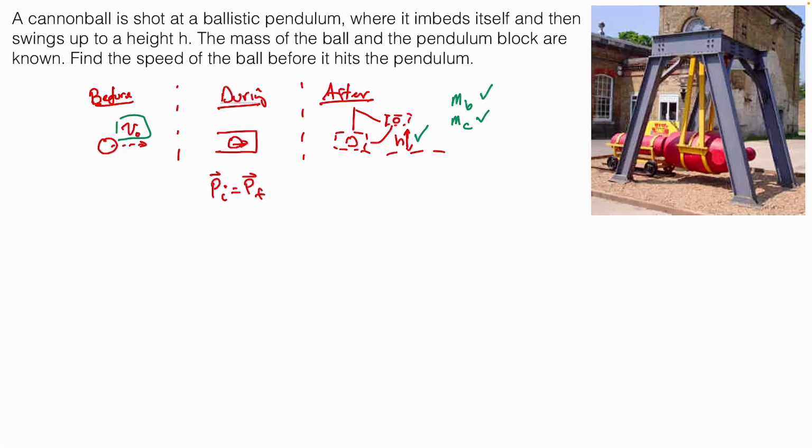So initially, and I don't always spell this out in such detail, but I'll do it the first time here, I'll have the mass of the ball times velocity of the ball initial, plus the mass of the catcher times velocity of the catcher initial. That's the total momentum of my system before the collision takes place.